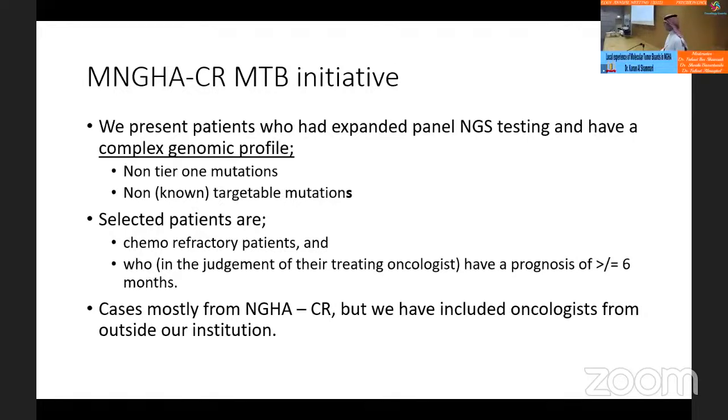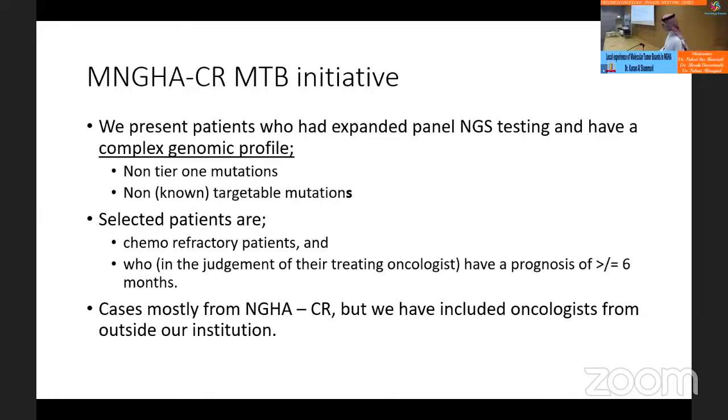Standard of care is to actually offer a TKI against ROS1. So these patients do not get presented. So we present non-tier 1 mutations and no known or FDA approved or tier 1 recommendation for a therapy, and no known targetable mutations.